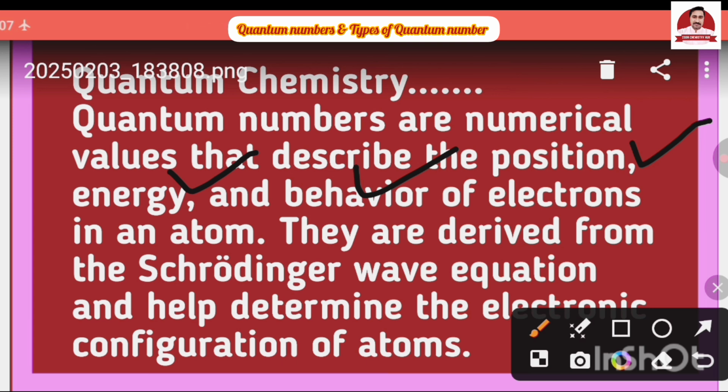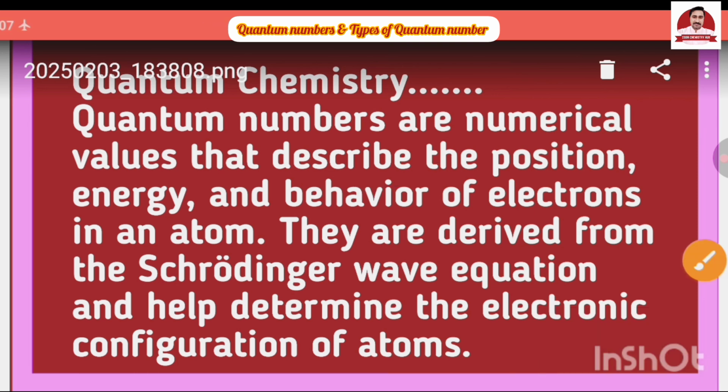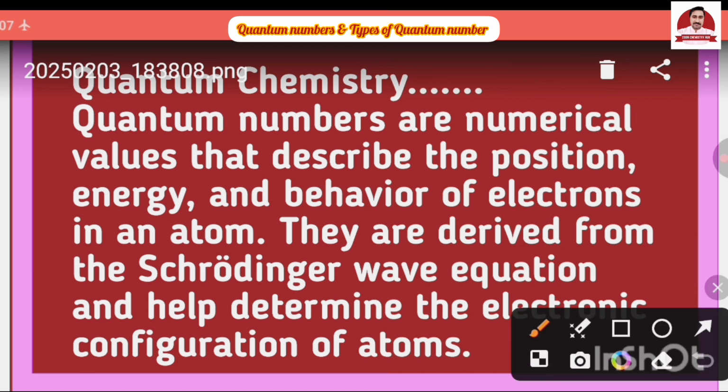These quantum numbers are derived from the Schrödinger wave equation, and these numbers help us to determine the electronic configuration of an atom. So the quantum numbers tell us the position of the electron, the energy of the electron and the behavior of the electron.